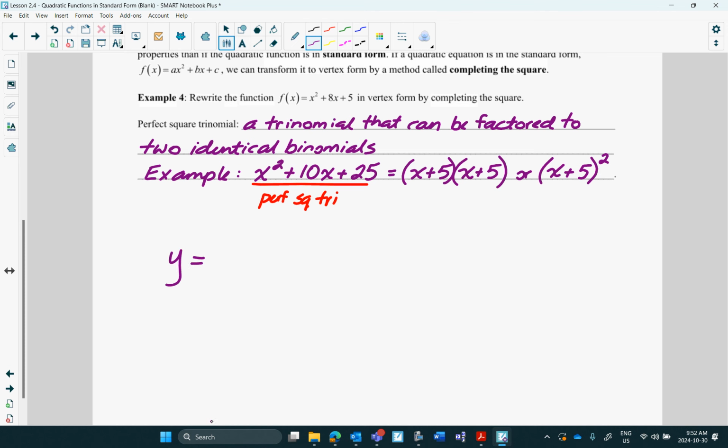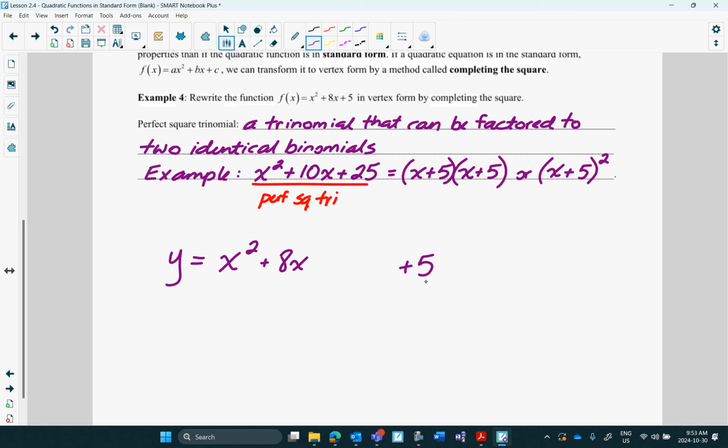If you tried to factor x squared plus 8x plus 5, you can't do it. Not only can you not do it, it wouldn't even give you two identical binomials. So we have to create one. And we create one using the x squared term and the x term. We don't use the number 5 to create a perfect square trinomial, so I'm going to put it at the end.